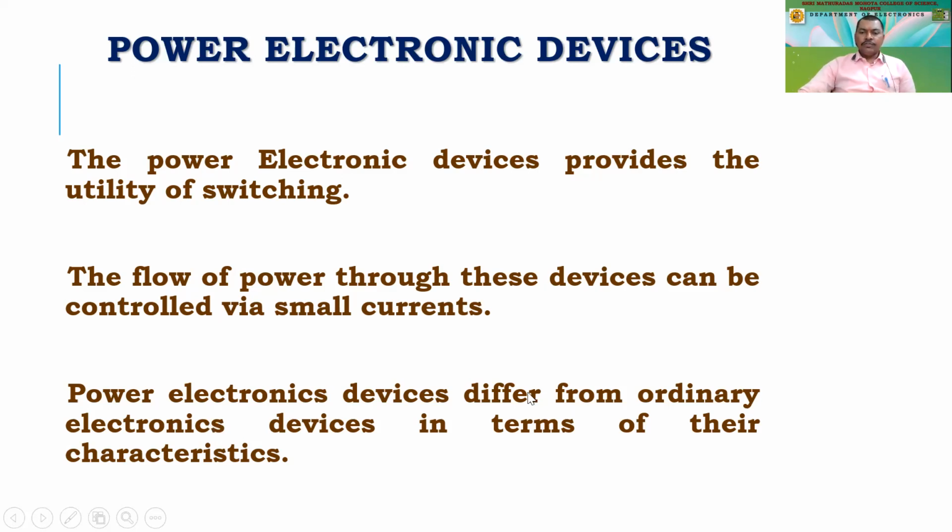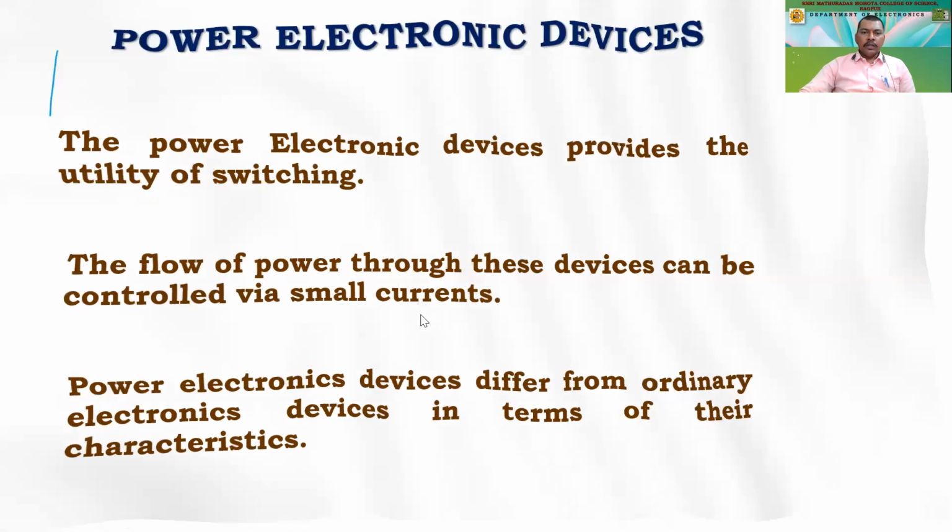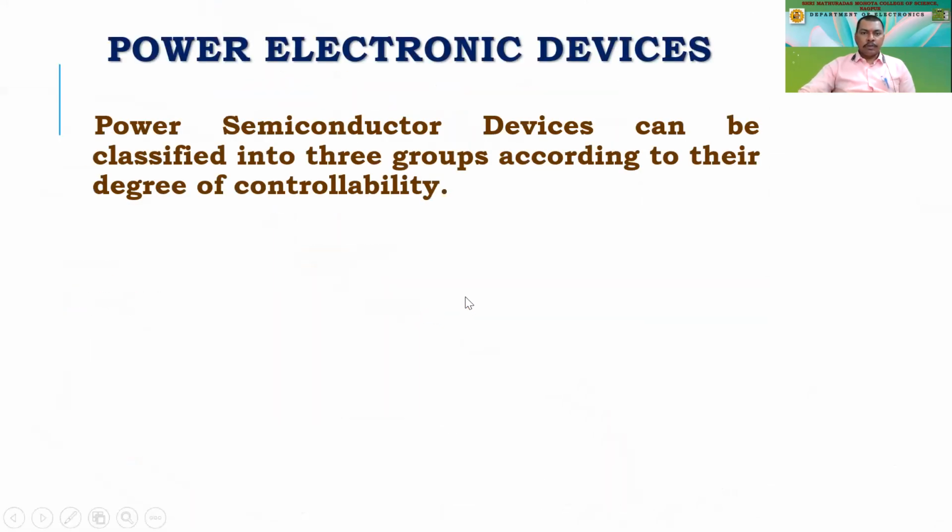Power electronic devices differ from ordinary electronic devices in terms of their characteristics, which deal with high voltage and high current, right? So those are power devices. Power semiconductor devices can be classified into three groups according to their degree of controllability.